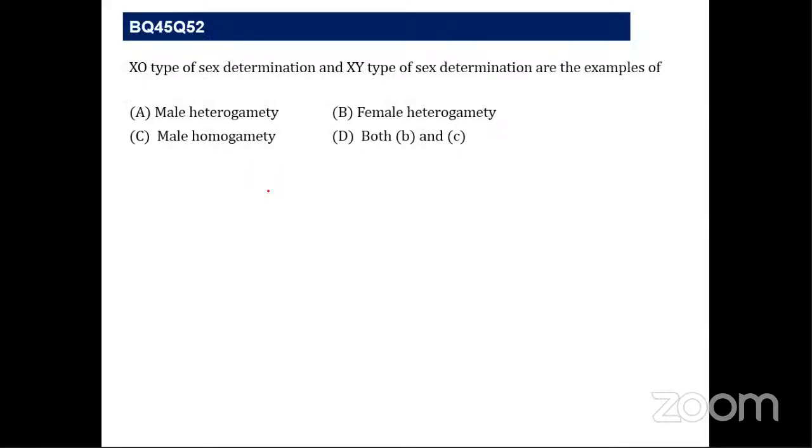All right. So now see, let's understand what the question is saying. The question is asking that XO type of sex determination and XY type of sex determination, they are the examples of.